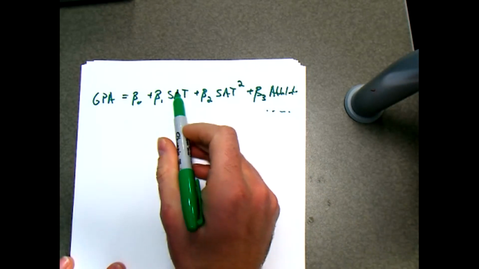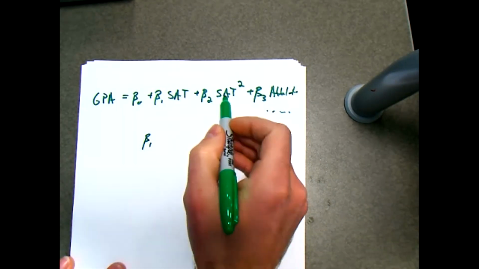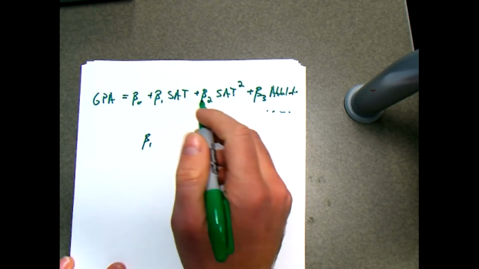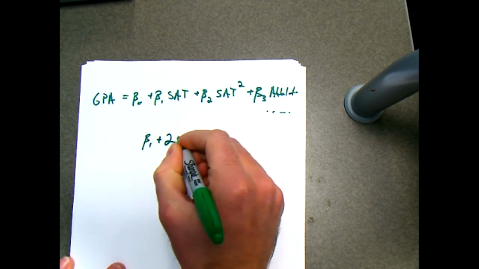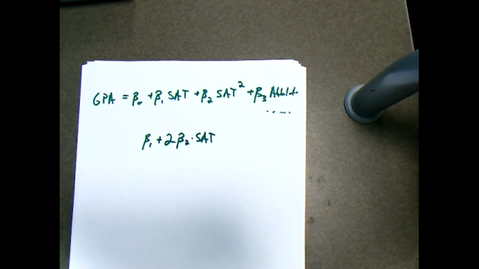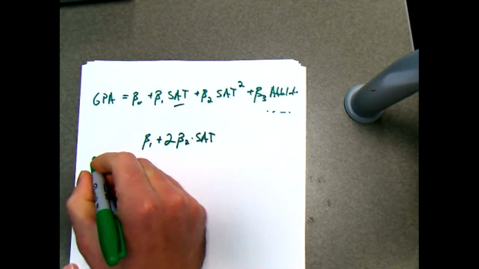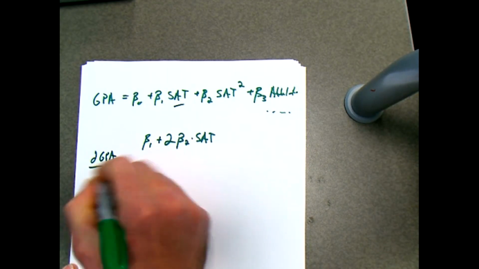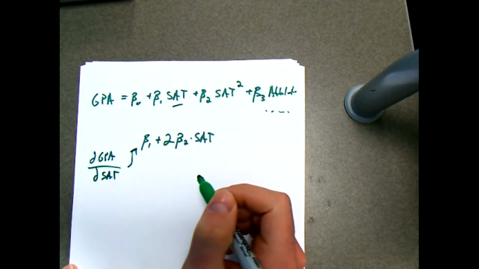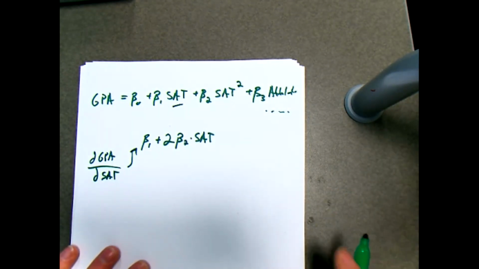But notice if SAT goes up by 1 here, GPA would go up by beta 1. But also a 1 point increase here is going to impact the coefficient as well. And what ends up being true, if we take a derivative of this function with respect to what's changing, the change in GPA from a change in SAT, we're going to get this guy here. Now, I'm not going to expect you to know how to do that. I'm just mentioning it because it's there in the output.